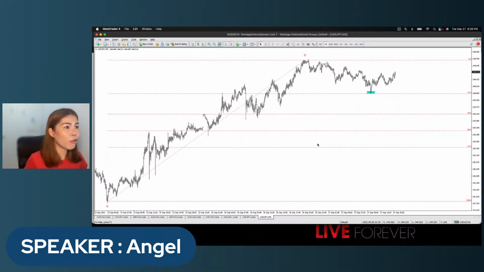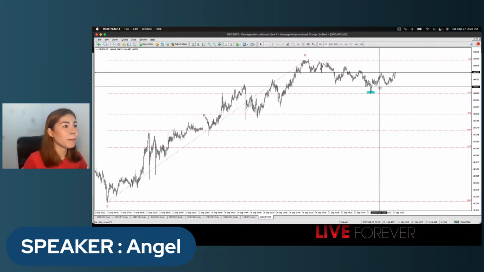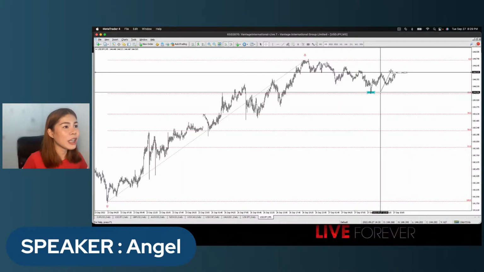Assuming that you buy over here and the price is already here, how many pips is that already? From your entry price to here, you are already profiting by 413 points, or 40 pips.